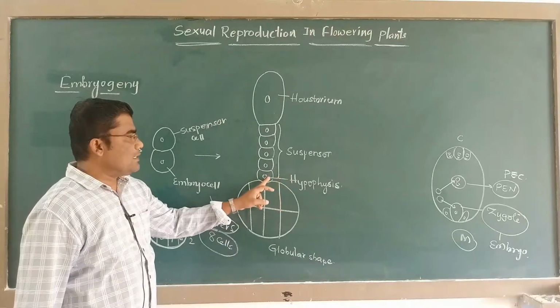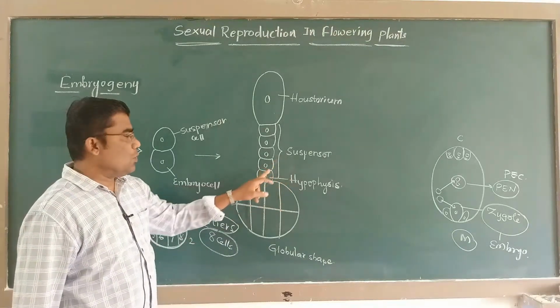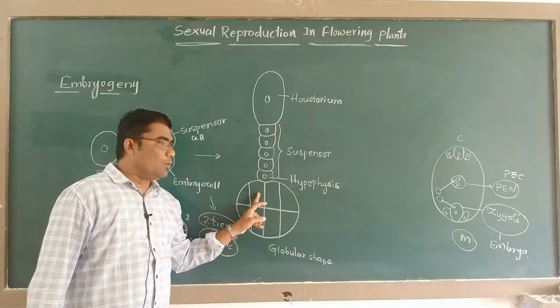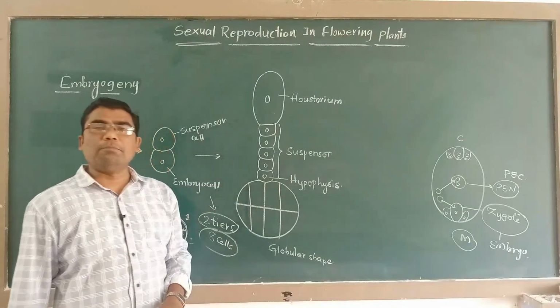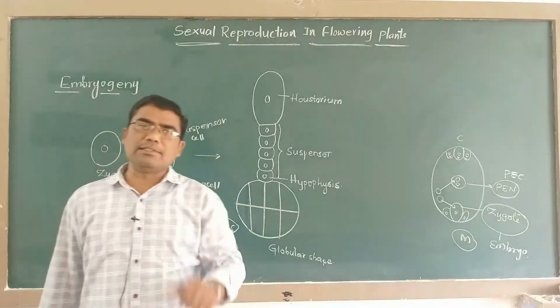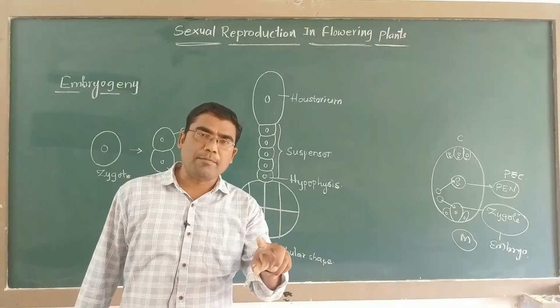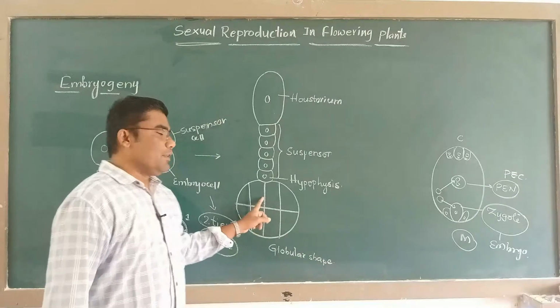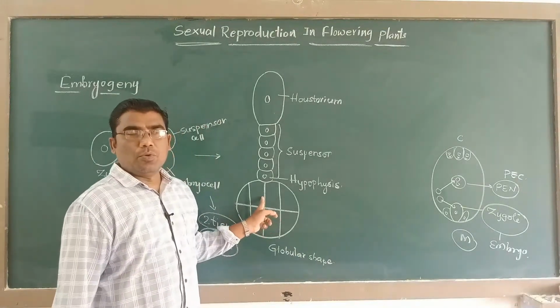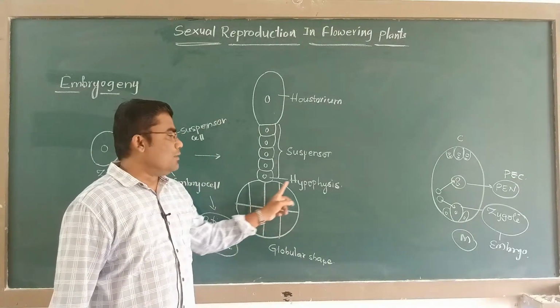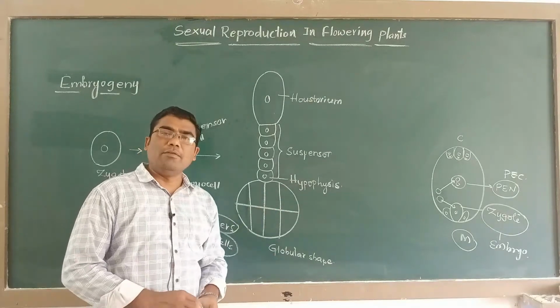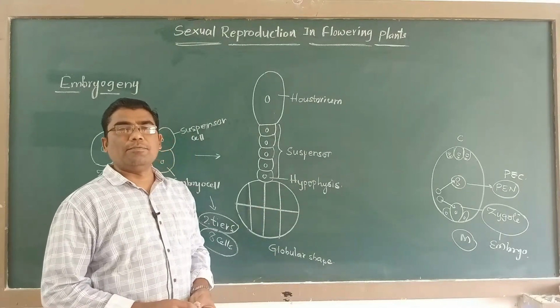Actually, hypophysis is the suspensor cell which is closely connected to the embryo. Hypophysis is responsible for the formation of the root cap. After the formation of the root from the embryo, this hypophysis is helpful for the formation of the root cap.